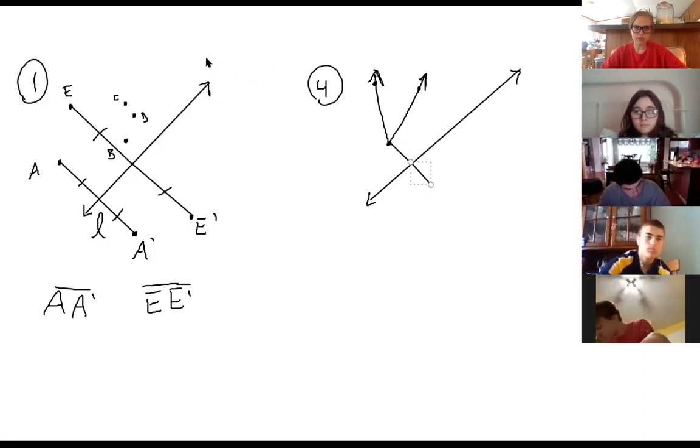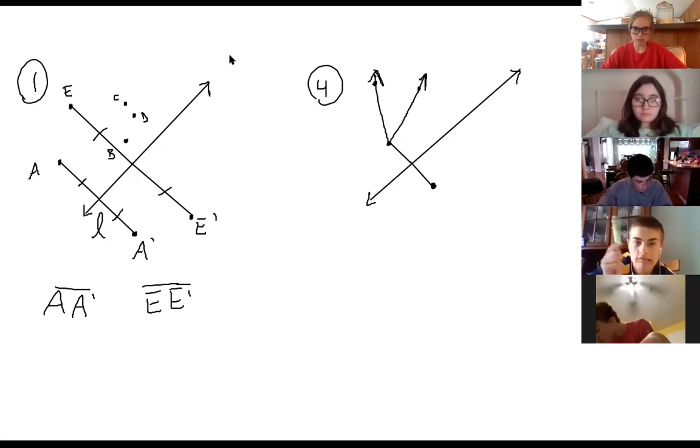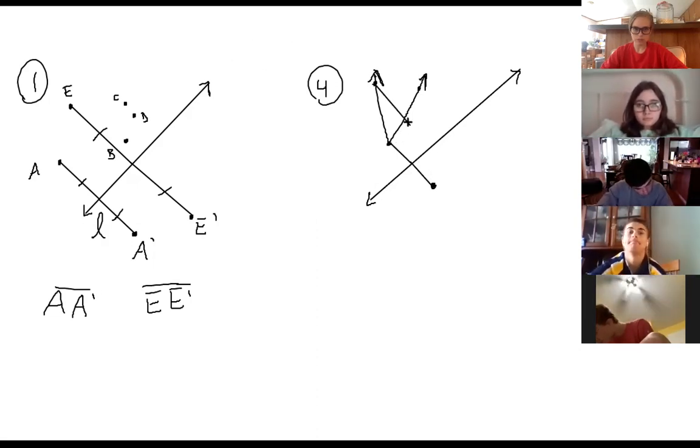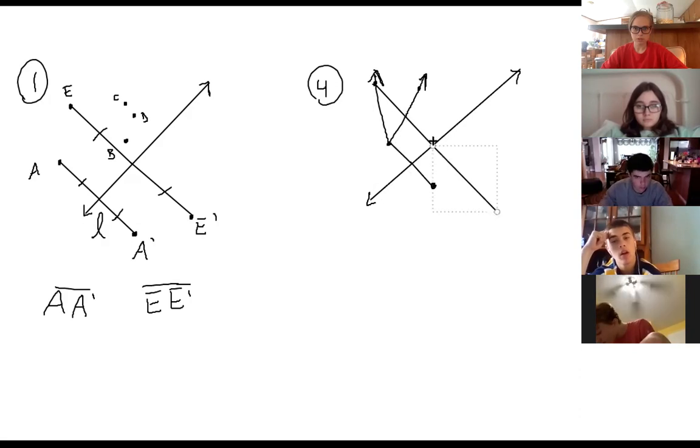Then draw a perpendicular bisector from this point here to the line. Draw another one from this point to the line. Here's my other points on my angle, and then draw a perpendicular line from that point there, that point there.